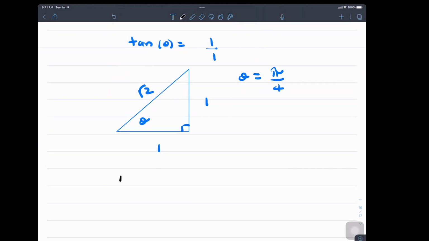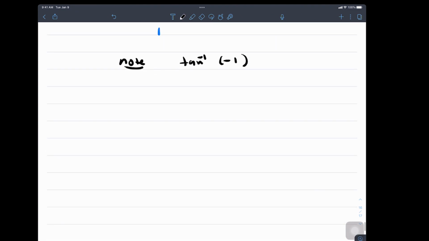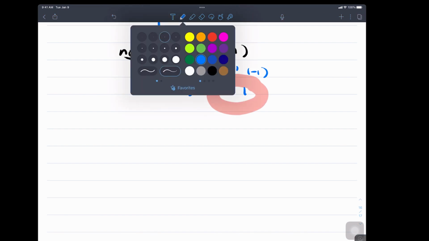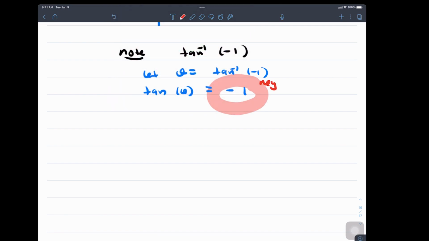I just want to note what happens when they say inverse tangent is negative. Follow the process. Let theta be inverse tangent of -1. It means tangent theta is what? -1. And then you go, wait a minute. That number is what again? Is negative.